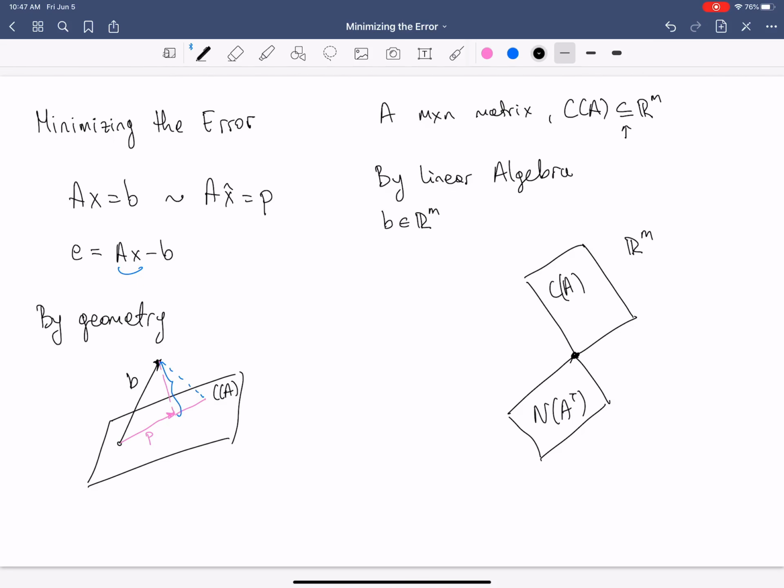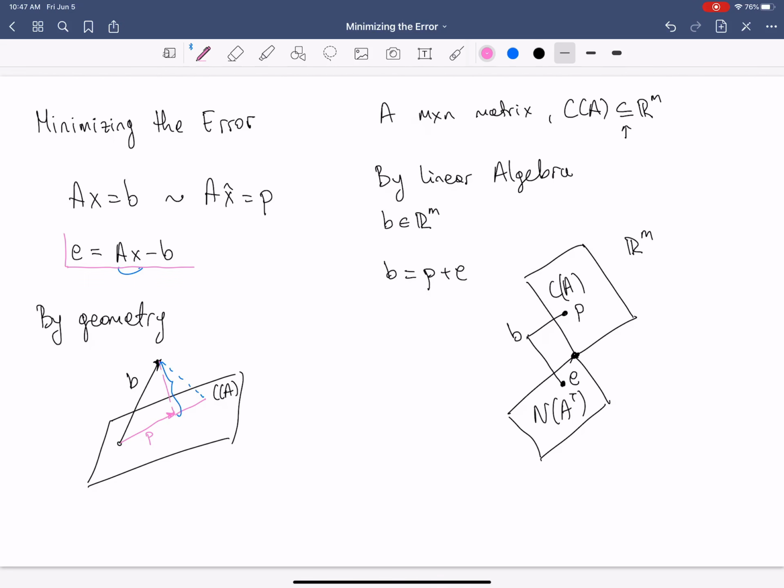So for any matrix, this is true. When you take a vector b that is in Rm, you can split that vector into a portion that is in the column space, which would solve our problem, and another portion that is in the left null space, which will be the error. So we have p here and e there. So b splits into a p and an e. Now let's go back.